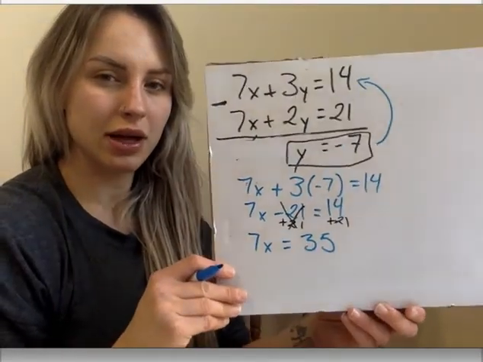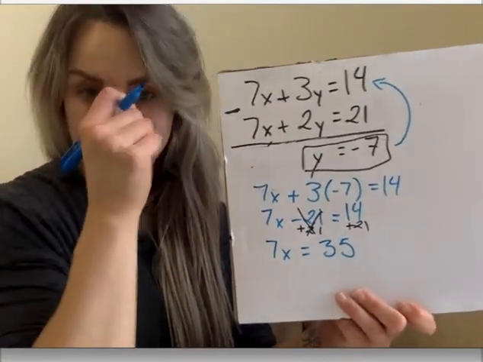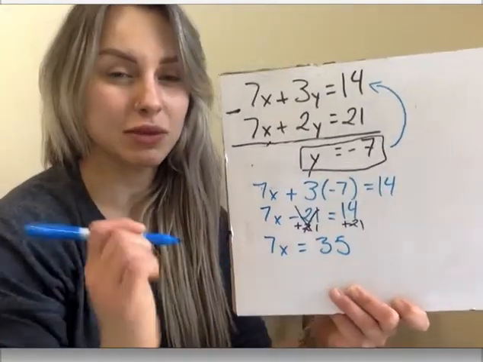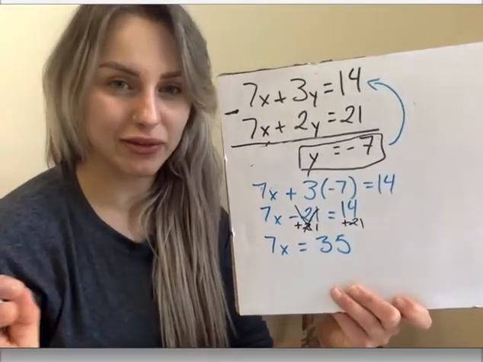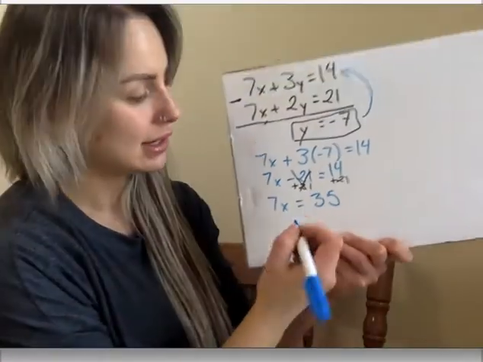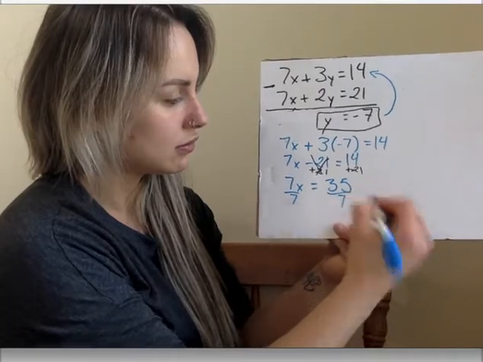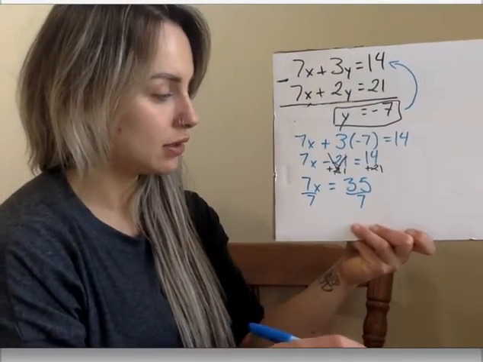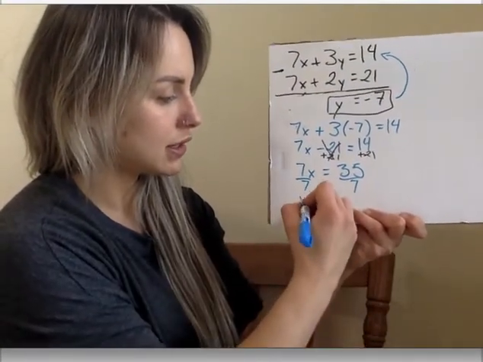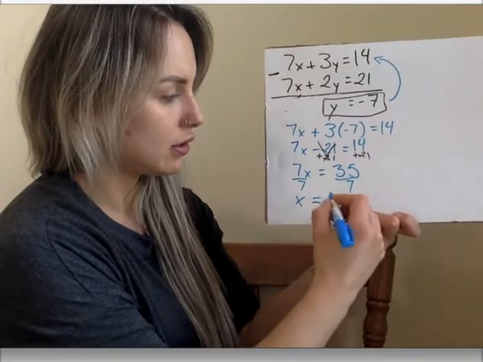Okay? And now what we're going to do is get rid of the 7 in front of the x because we want x by itself. We need to figure out what x is. So when we do that, we divide both sides by 7, which gives us x equaling 5.